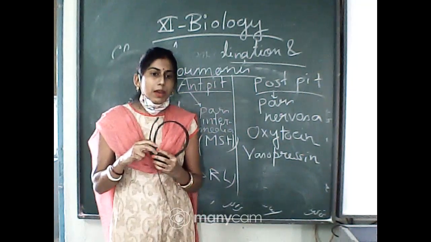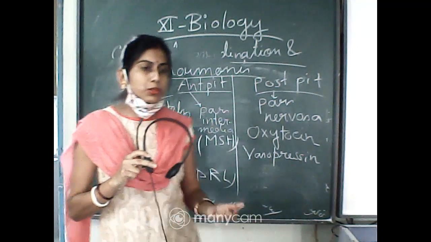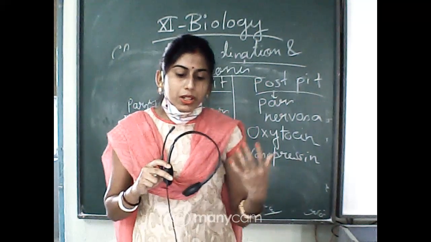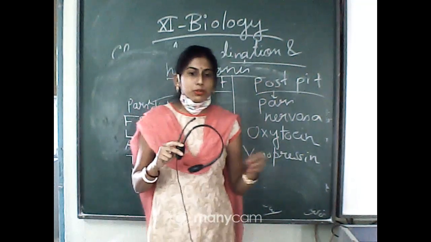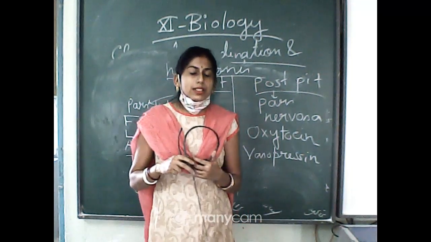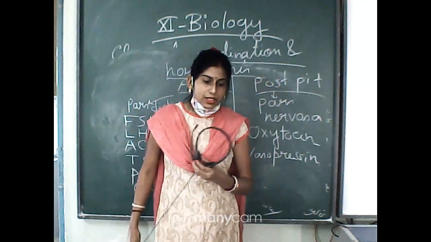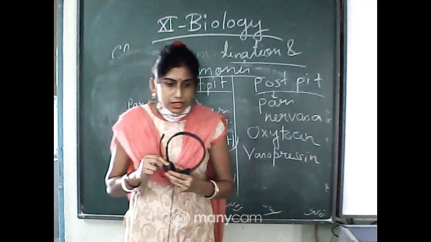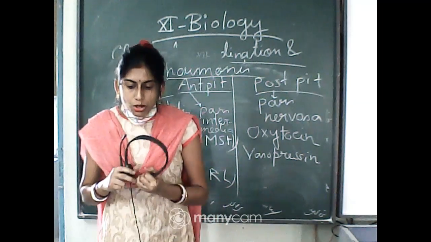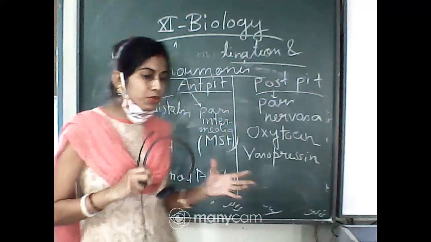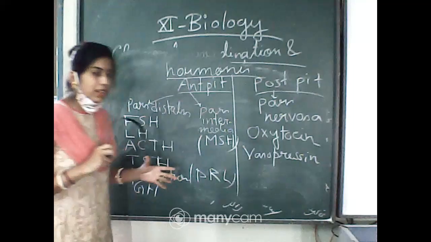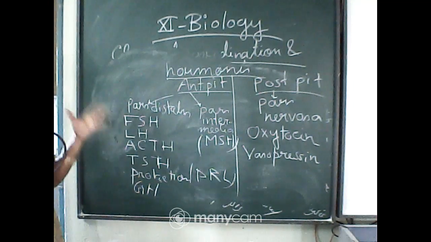When you read about the excretory system, you will come to know that when our body gets dehydrated, then ADH will act on the duct and reabsorb the water and help to maintain the blood pressure, like that.